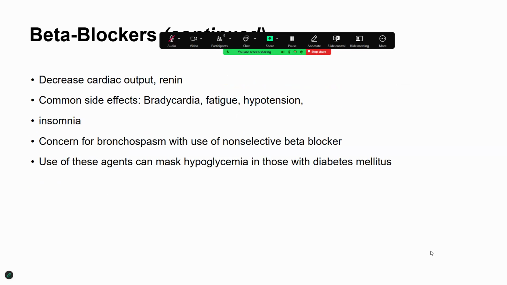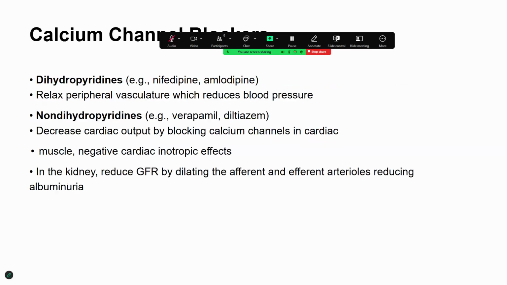I remember beta 1 is heart, beta 2 is the lung. So like 1 heart, 2 lungs. So you know where the beta blockers will affect. That's a little hint. I remember that one actually from the NP state board.